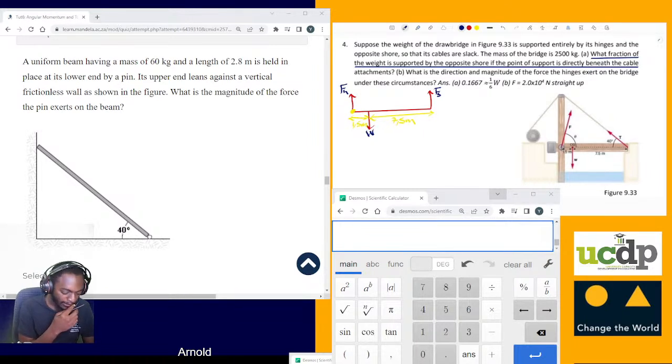And the other thing we should recall is that for a system to be in equilibrium, the resultant torque is 0.